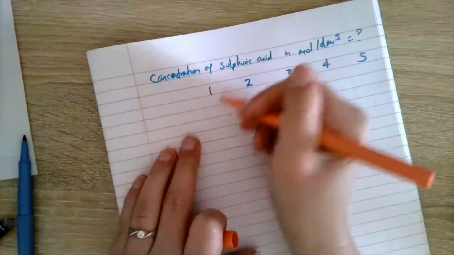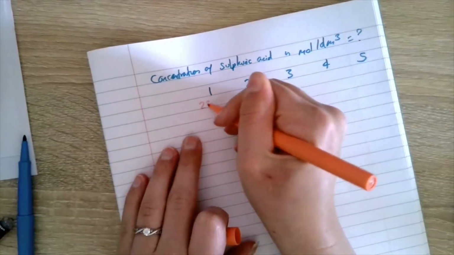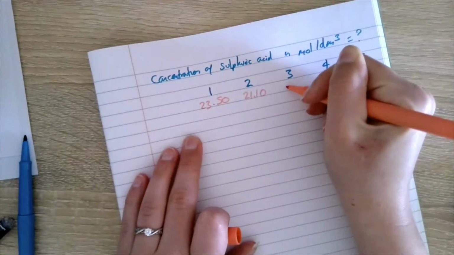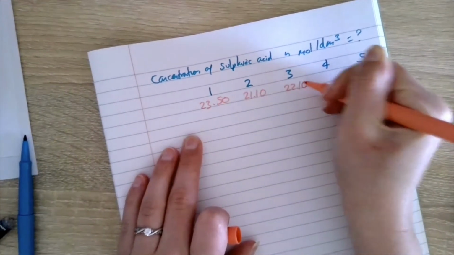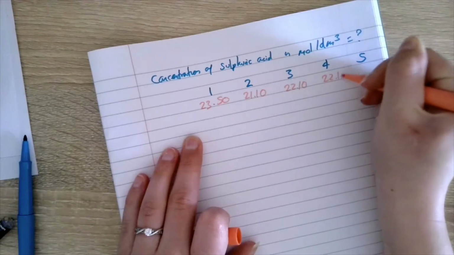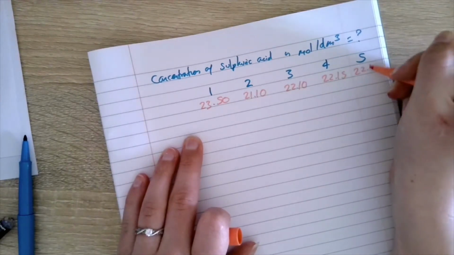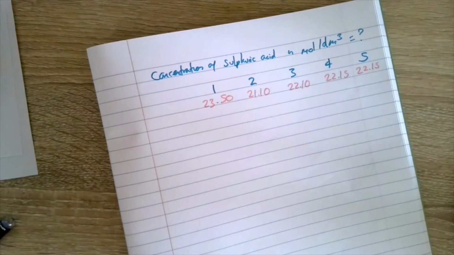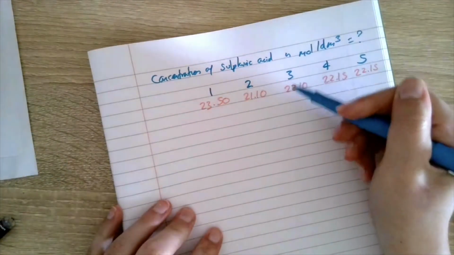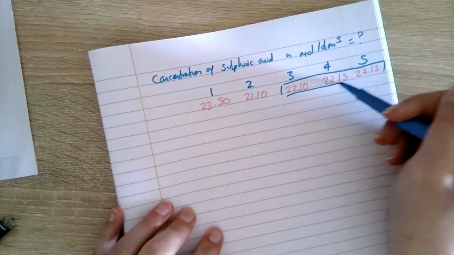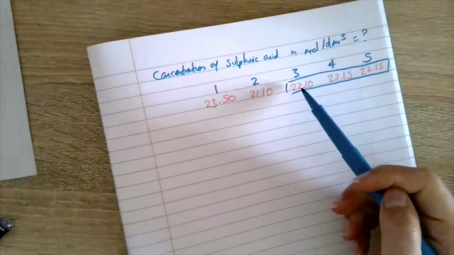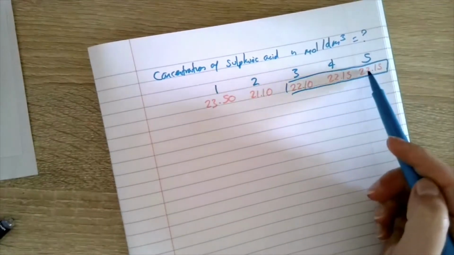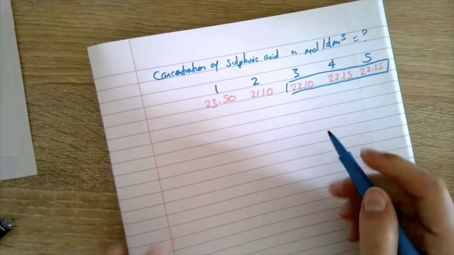So titration 1 was 23.5, titration 2 21.1, titration 3 22.1, 4 was 22.15 and 5 22.15. So our results that are within 0.1 of each other are these final three. So 22.1 is only 0.05 difference from the titration 4 and 5.